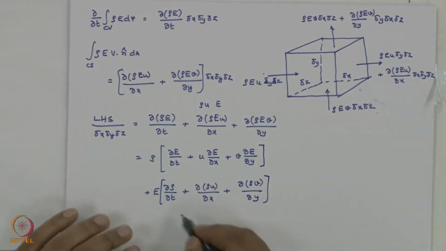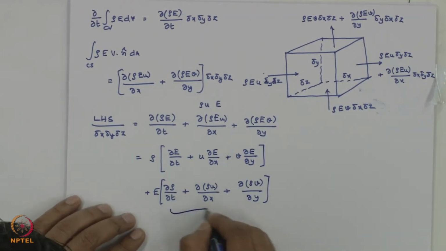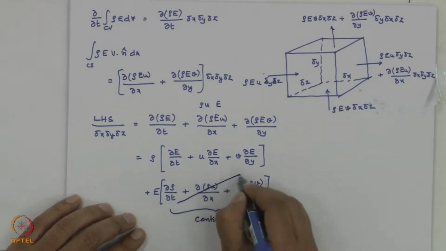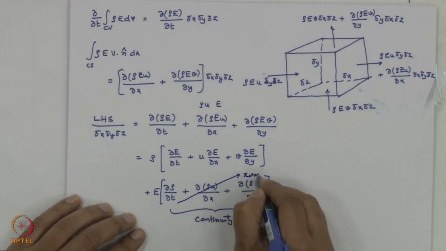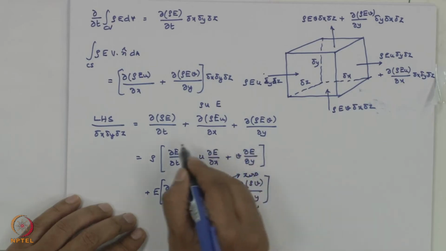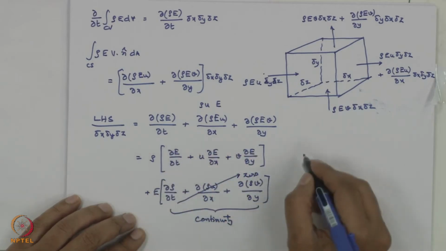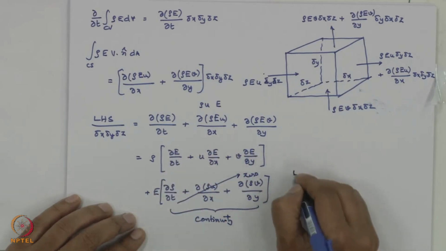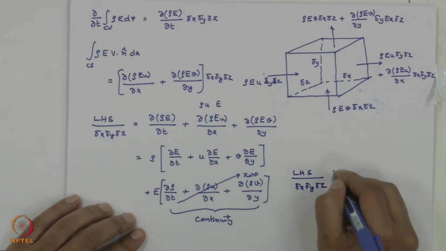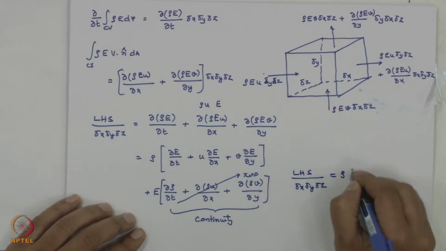So remember, by my continuity equation I can equate this to 0, and the whole of this is nothing but my total derivative of E. So this LHS upon Δx Δy Δz is equal to ρ dE/dt.